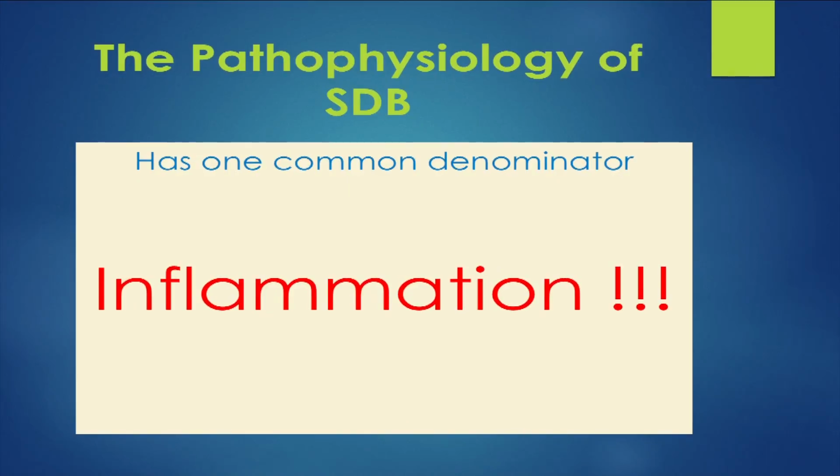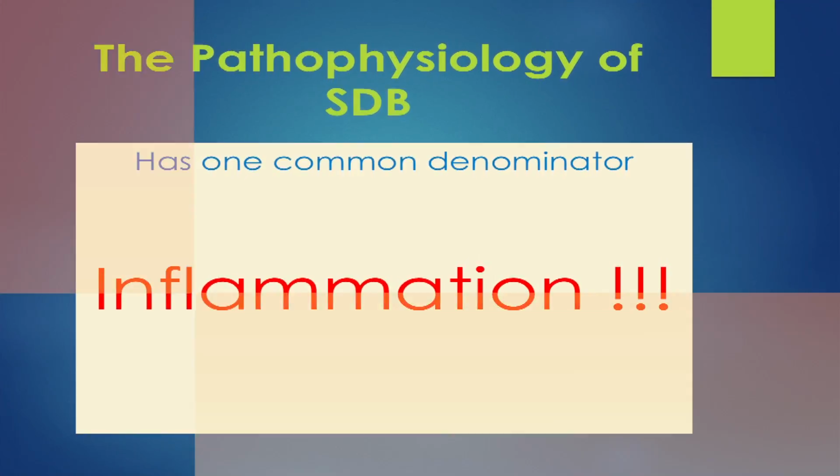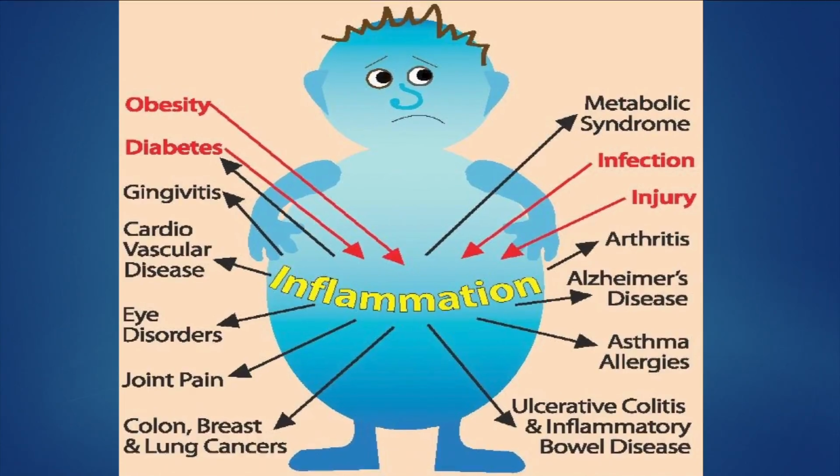The pathophysiology of sleep-disordered breathing seems to have one common denominator, that is, inflammation. It is thought that most chronic diseases are due to some kind of inflammatory response, as this illustration shows.